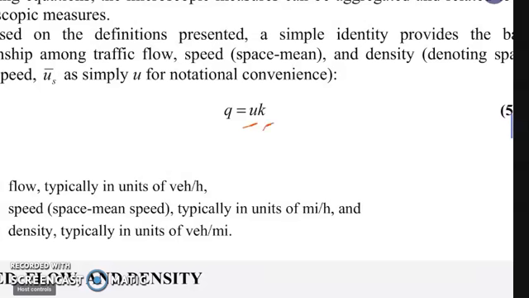Our speed here is the space mean speed, typically in miles per hour, and K, the density, is basically in vehicles per mile.